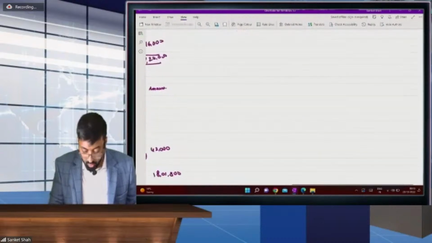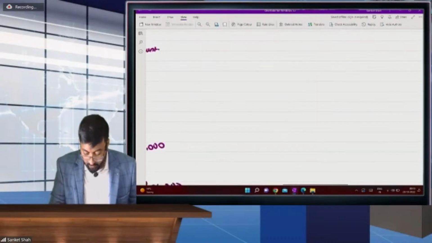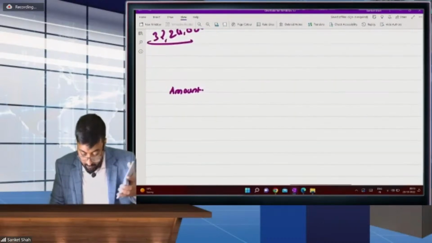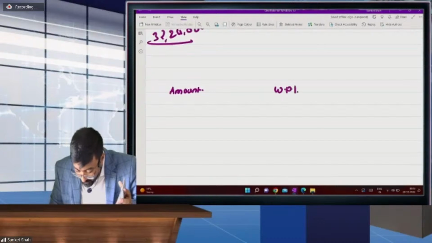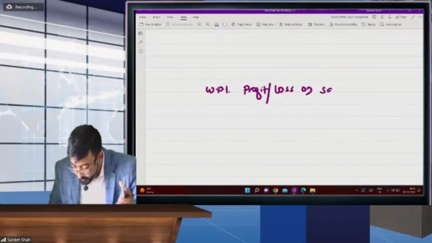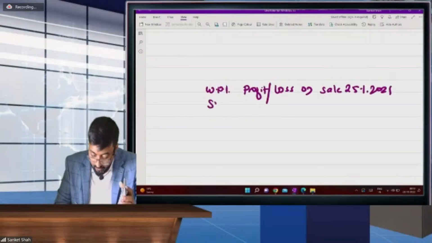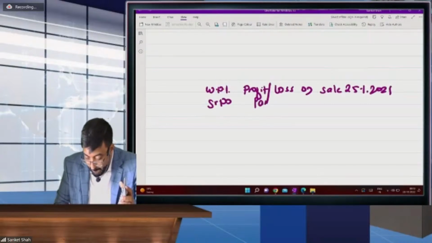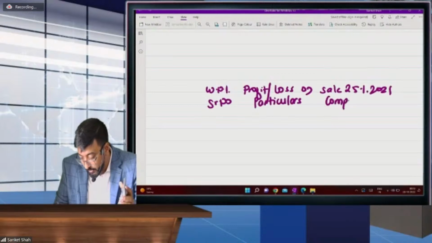Immediately working note 1. Profit or loss on sale, 25th Jan 2021. Serial number, particulars, computation, rupees.